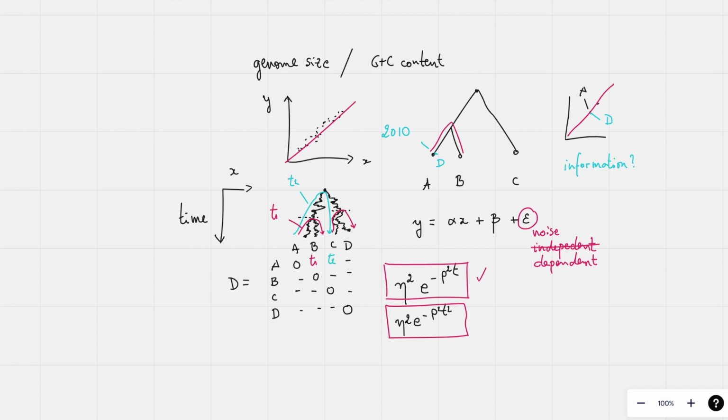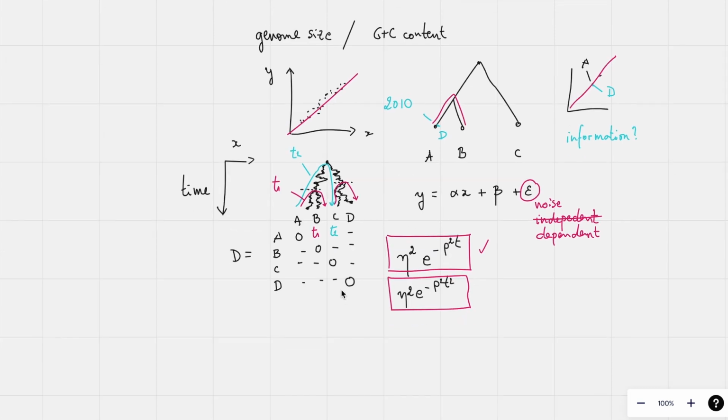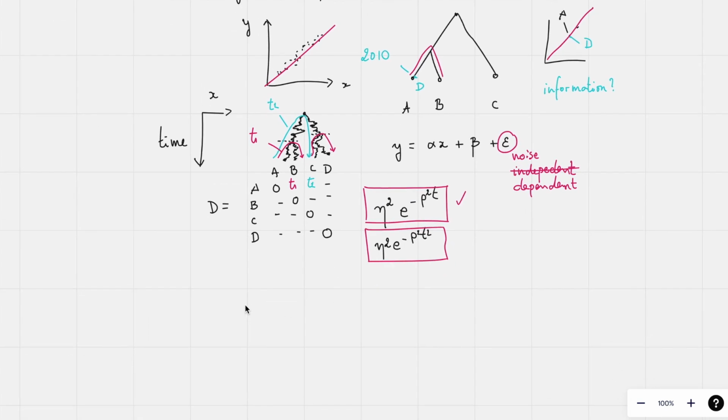Well, if we go back to the standard linear regression approach, we can see that in general, when we have a model like y is equal to alpha x plus beta plus epsilon, we're saying that y here is distributed as a normal variable with mean alpha x plus beta and with variance sigma squared.